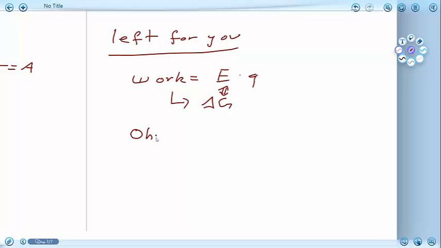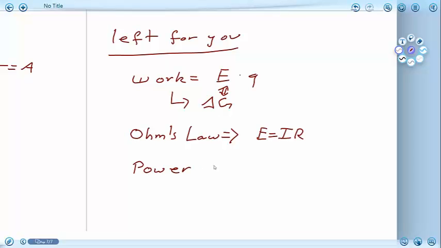There is also Ohm's law, which we have discussed in the past, where the potential is proportional to current that transfers, and the proportionality constant is the resistance. And then the last one that I want you to pay attention to is power.